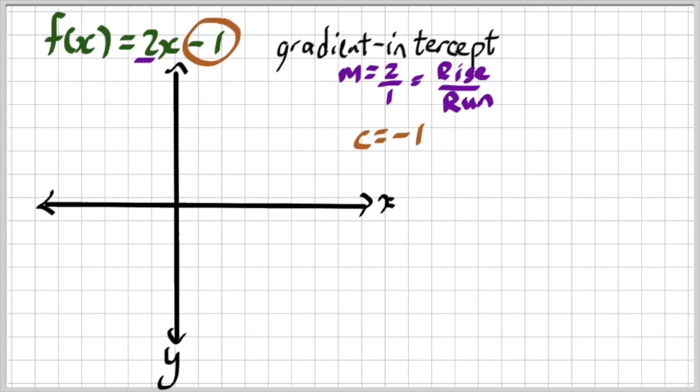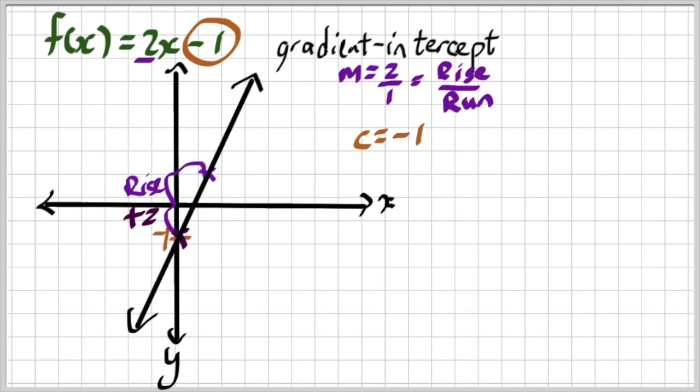But I'm going to start at the y-intercept at negative 1. Remember that is going to be my starting point. Then I'm going to rise 2 units. So let me just write it there, 2 units. And then I'm going to run 1 unit forward. And therefore, I have my graph sketched.